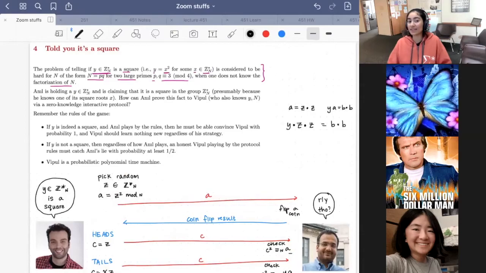And since these are taken from z star n, so we know their GCD is equal to 1, that they've all got inverses, well then y is just equal to this, in which case he already knows what the square root of y is. He can find out that x is this. And if he knew what the x was, then there's no reason for him to lie. So he would have only lied if he didn't know this one or he didn't know this one, in which case Vipul can catch his lie with probability 1/2.